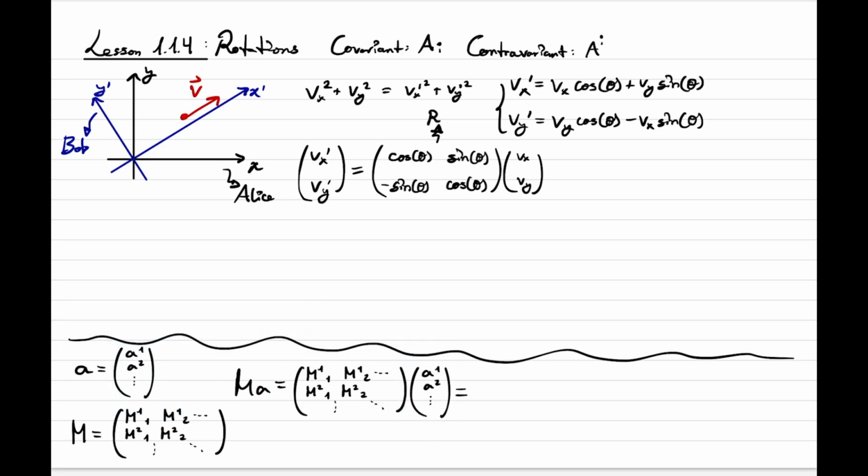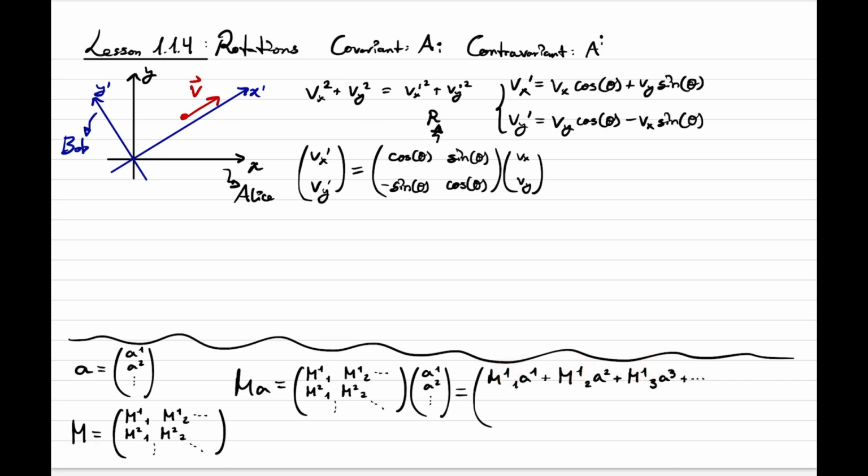You can see that if we do this, we find M11A1 plus M12A2. If we had written more components, we would have found M13A3 dot dot dot.